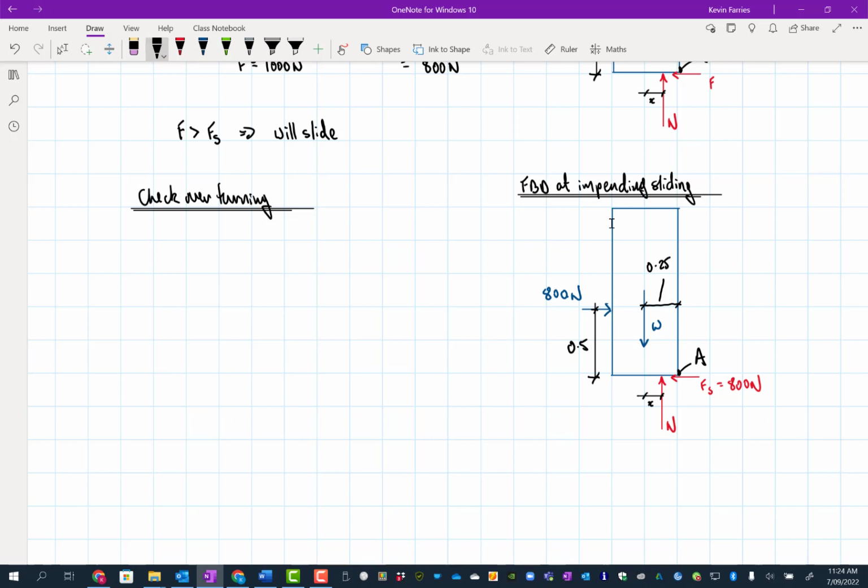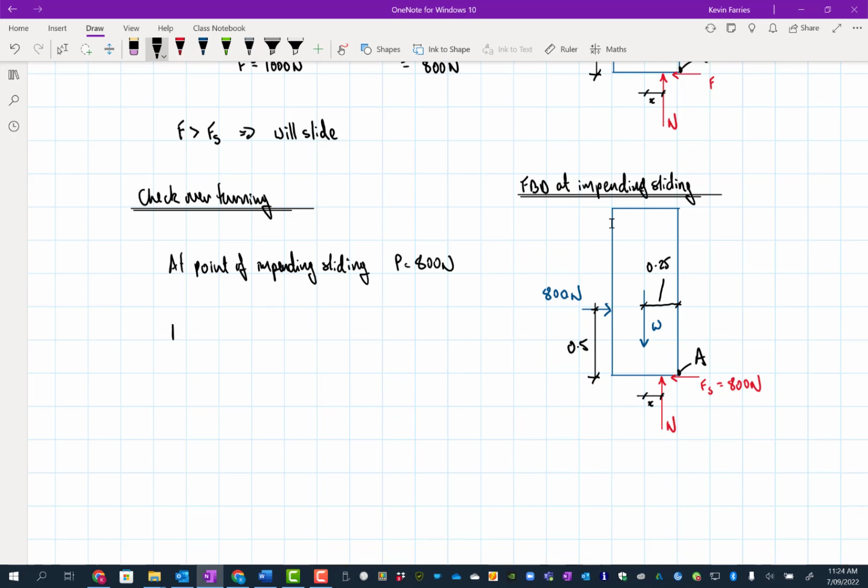And so at the point of impending sliding, we know that P would be equal to 800 newtons.